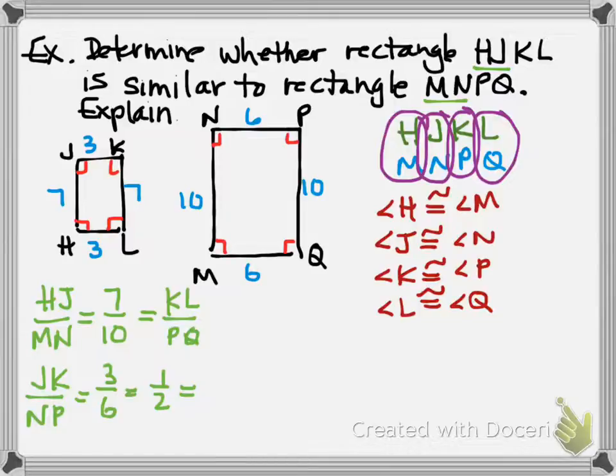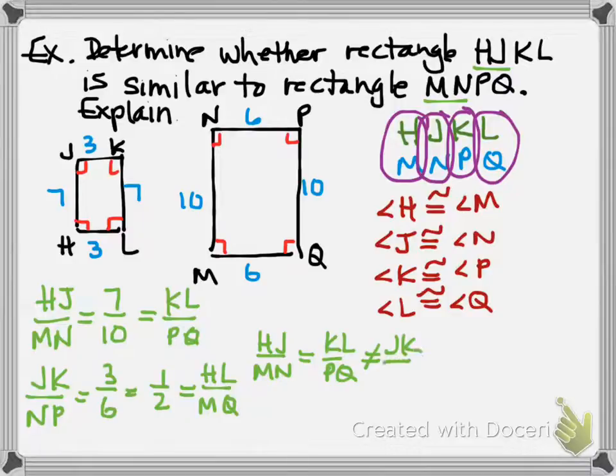Yeah, HL and MQ. So the question is, do all 4 of those match up? Do they all have the same ratio? So we've got HJ and MN are equal to each other, but they're not equal to JK and NP, and they're not equal to HL and MQ.